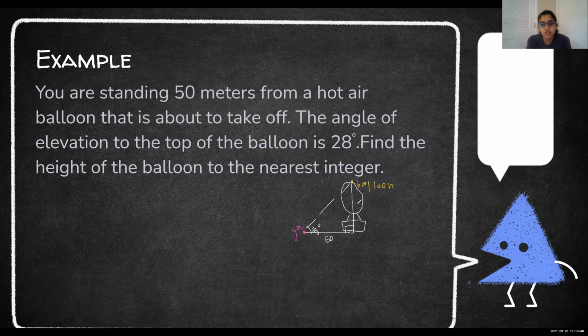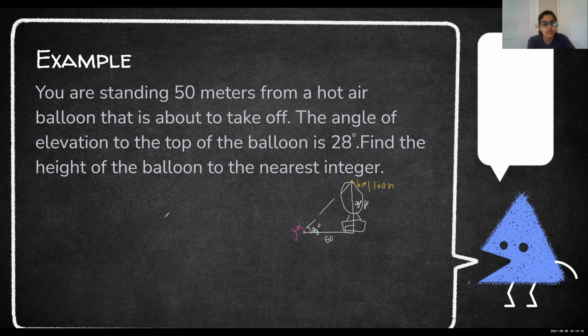The height of the balloon is opposite, so we're going to use opposite and adjacent. In the chat, what trigonometric function uses opposite and adjacent? Okay, yes, it is tangent.